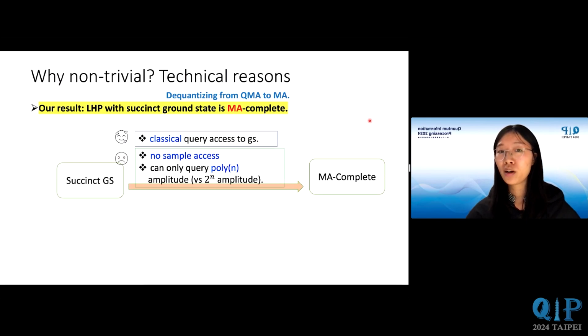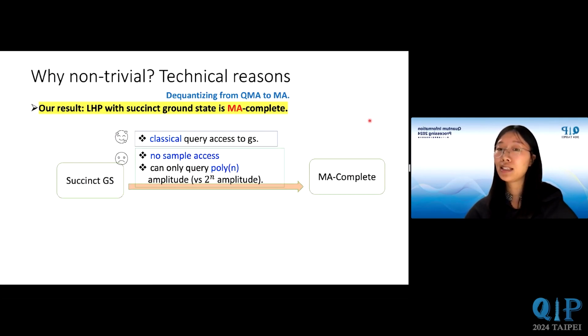And by assumption, we already have classical access to the ground state. So at first you might think it's natural to utilize that classical query access and get a classical verification algorithm. However, if you try this problem for five more minutes, you will quickly realize there is a technical difficulty. It's because there is no sample access.